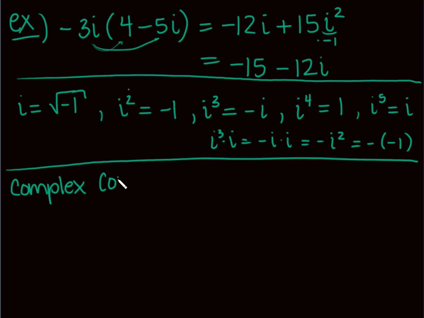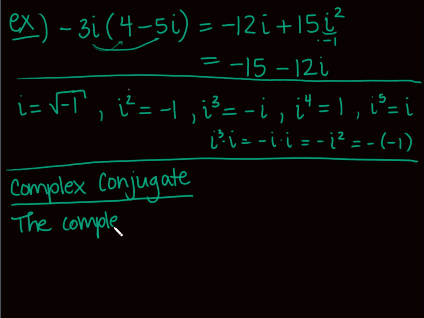And to do division, we are going to need something called the complex conjugate. I'm sure you've heard of this. You might hear it just called the conjugate. You've probably used conjugates when you have rationalized denominators of radical expressions.